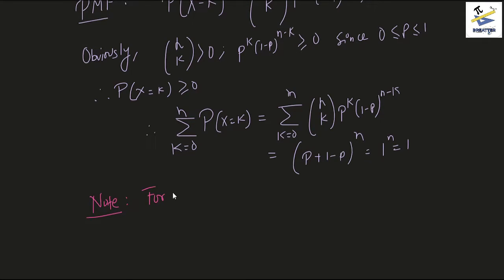For x belonging to real numbers, (1 plus x) whole to the power n is given as the sum for k equals 0 to n of nCk x to the power k.